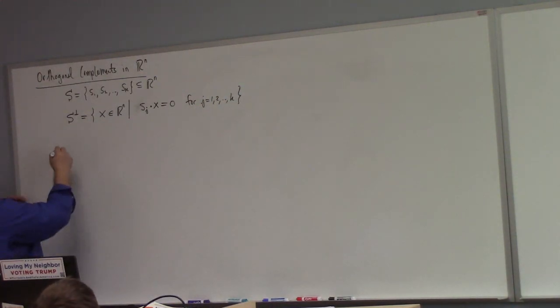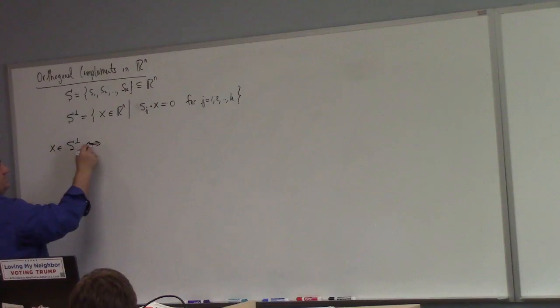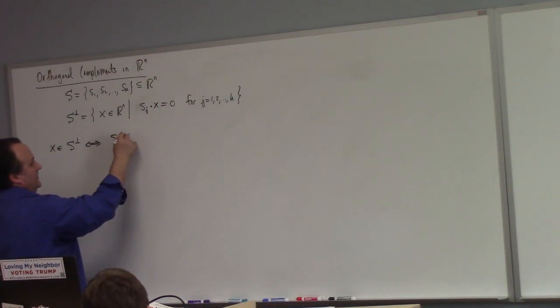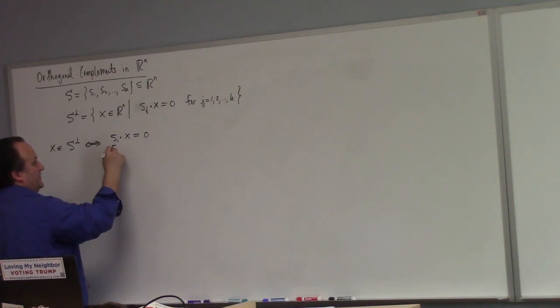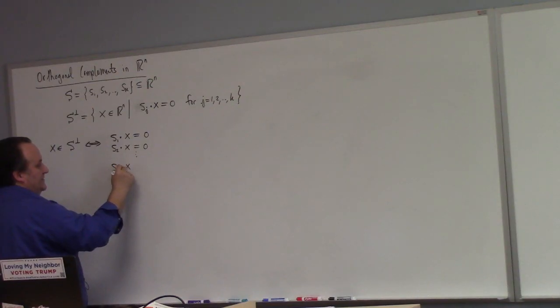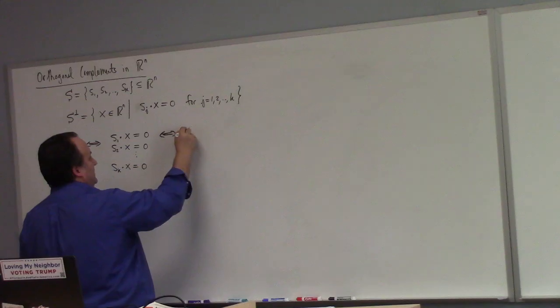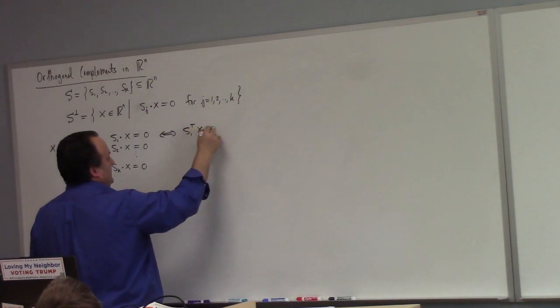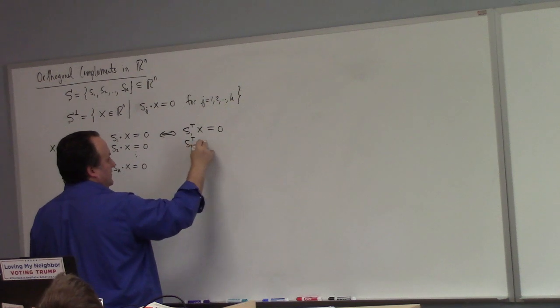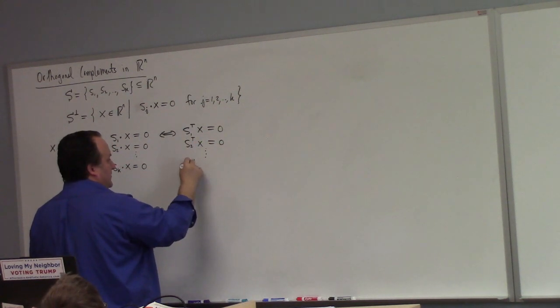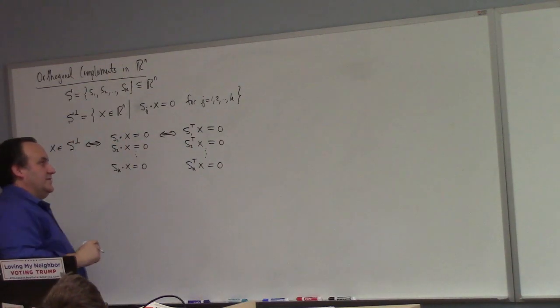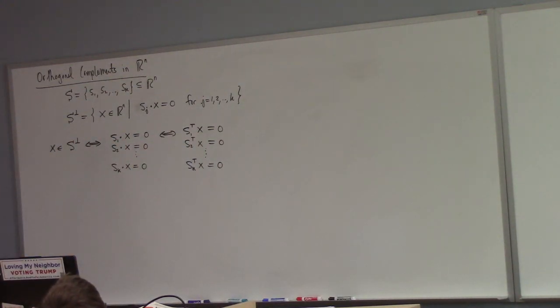So let me rewrite this again. X is an element of the perp of S means that you have to have S1 dot x equals 0, S2 dot x equals 0, all the way down to Sk dot x equals 0. But this is the same as S1 transpose x equals 0, S2 transpose x equals 0, Sk transpose x equals 0, where S1 through Sk transpose are row vectors.